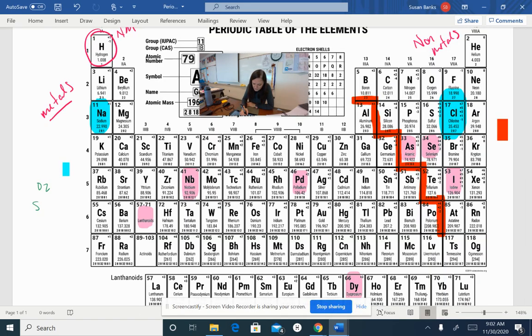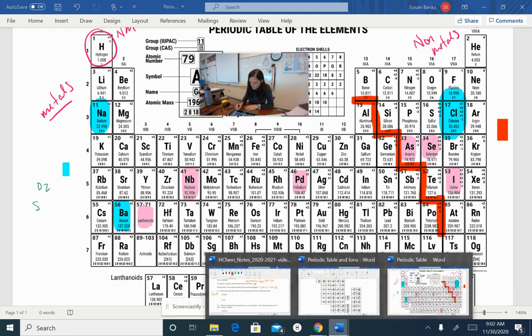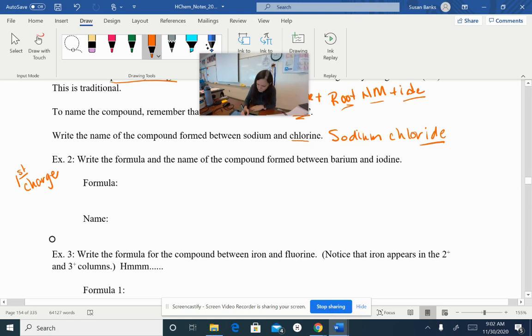So barium is right here. It is in our alkali earth metal column, so that will give us a charge of positive 2. So when I look at barium, I'm going to determine that it is going to give us a charge of positive 2.